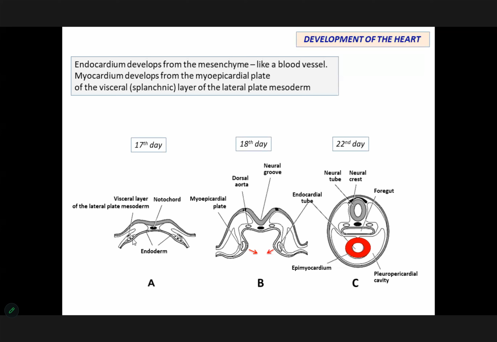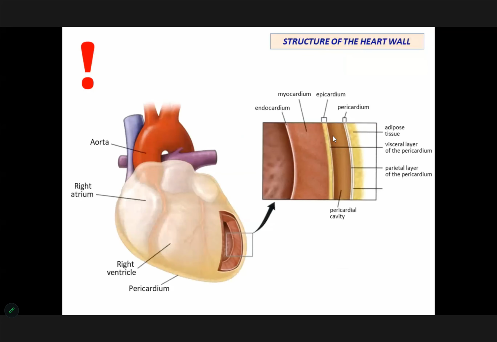So endocardium develops like a tube, left one and right one tube, that will fuse together to make one endocardium, and the myocardium develops from this area, and visceral layer of splanchnopleure will make the visceral layer of pericardium, seen here.